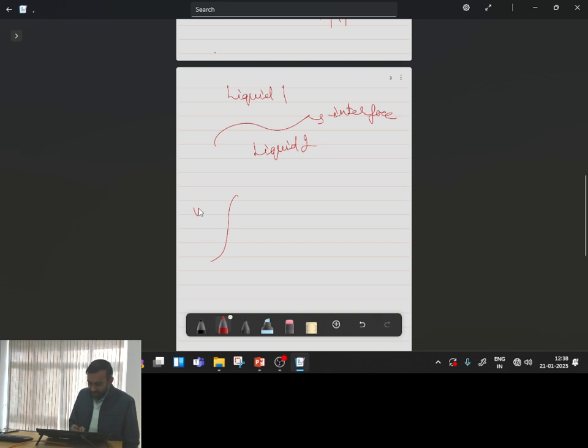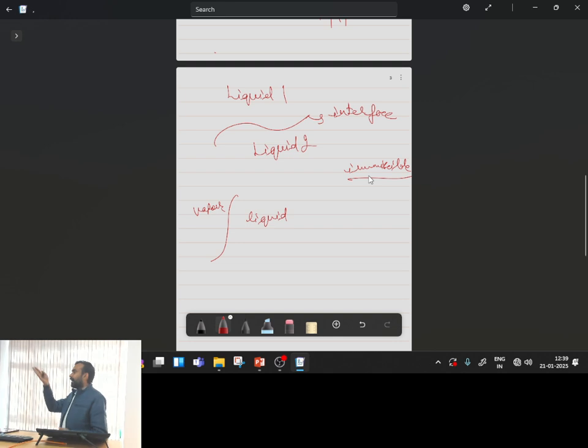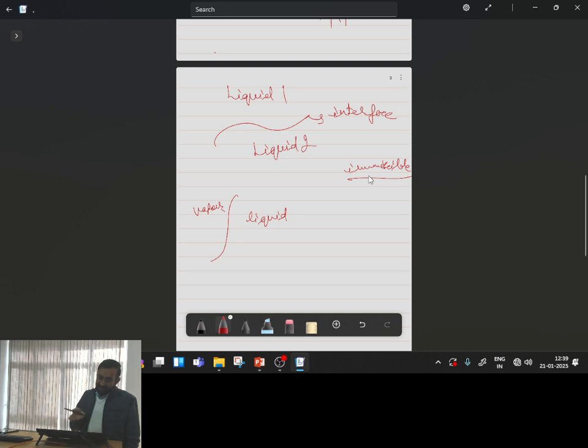Likewise, if I have vapor and liquid, the primary condition is that the two components or phases we are considering should be immiscible. If they are miscible, they will form a homogeneous fluid and the boundary between them will not exist. So in a scenario of two immiscible liquids, or vapor and liquid, we will have some interface.